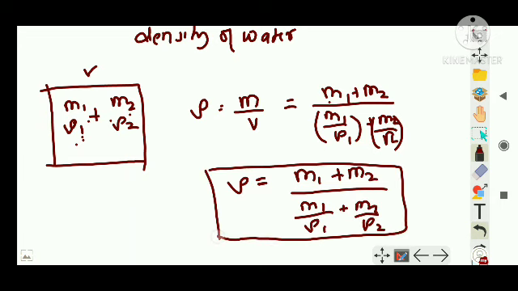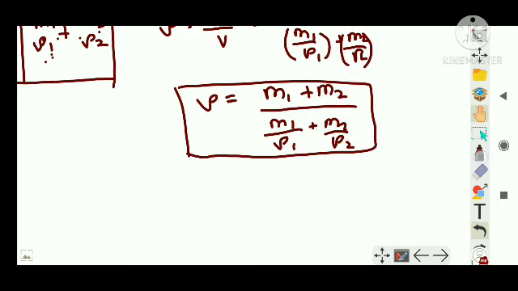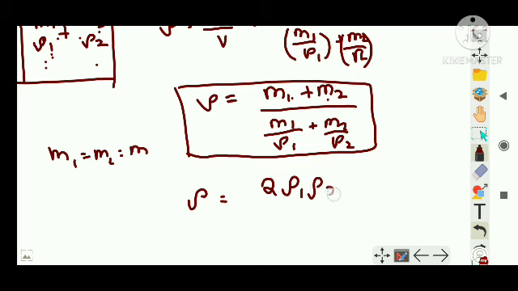Now what happens if both liquids have equal masses? That is m1 is equal to m2 is equal to m. So I can write rho is equal to, the m all cancels out, 2 rho 1 rho 2 divided by rho 1 plus rho 2.